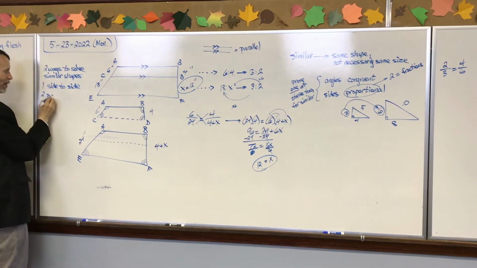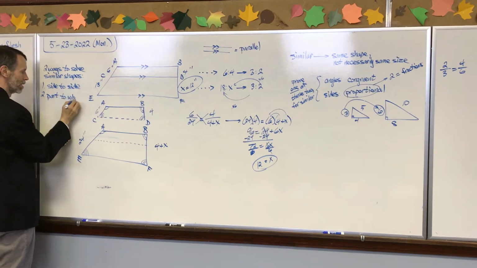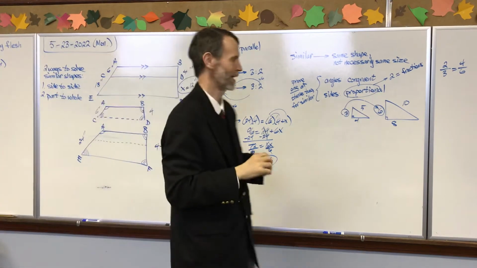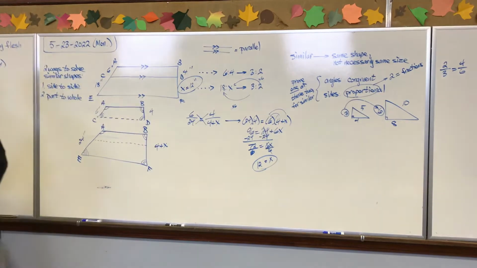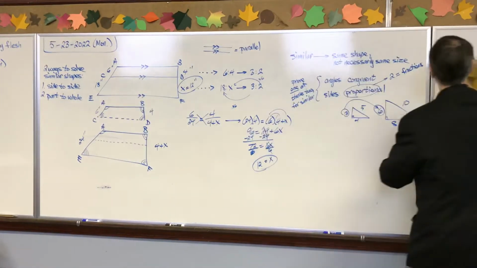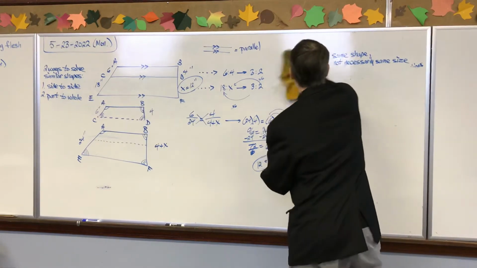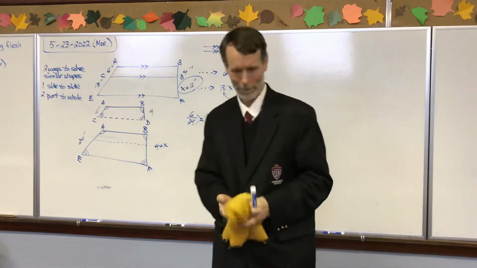And the second is called part to whole. Side to side and part to whole. Again, I'll explain that in a moment. What do we mean by side to side?